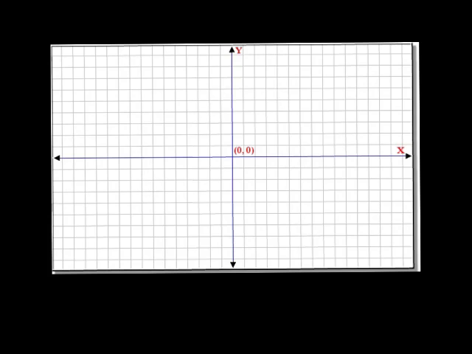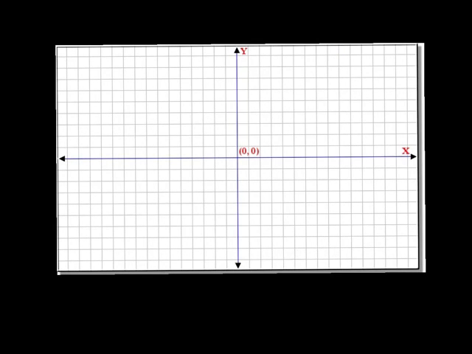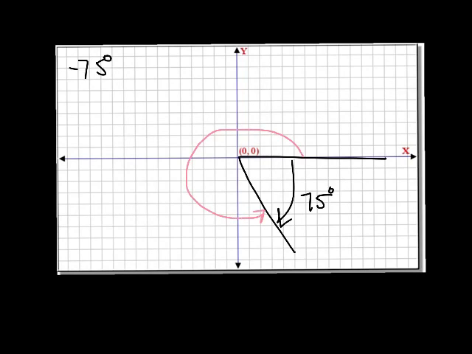Okay, part B says, what about a negative 75 degree angle. Well, we're going to start there. We're going to go 75 degrees down and end up there. They want to know the smallest positive angle that's coterminal with that. Well, positive means we go counterclockwise until we meet that line there. Well, what angle is this? We know a complete circle all the way around is 360 degrees.